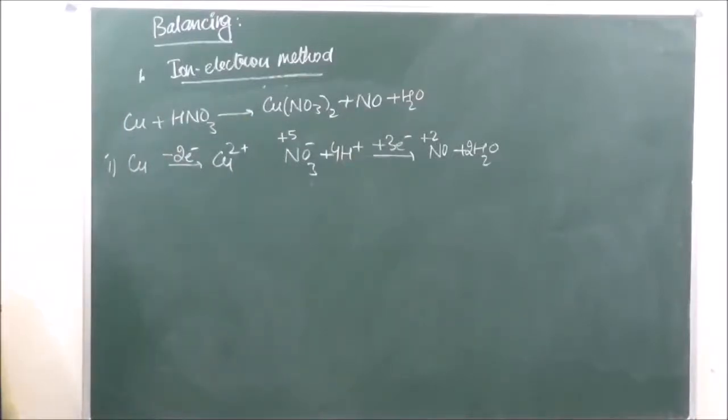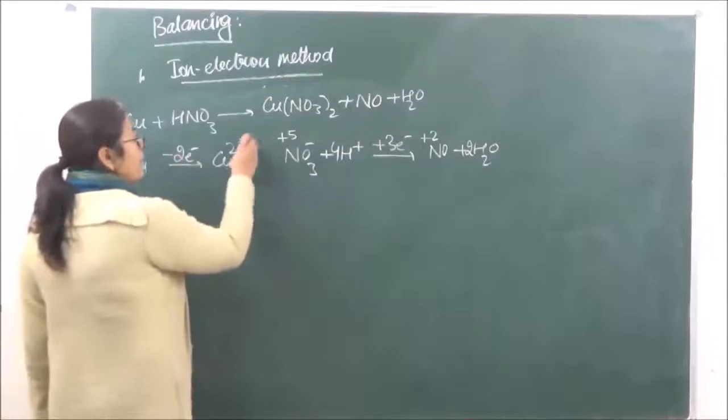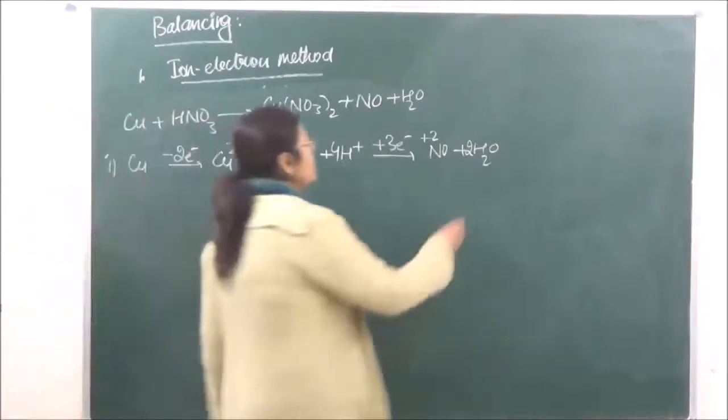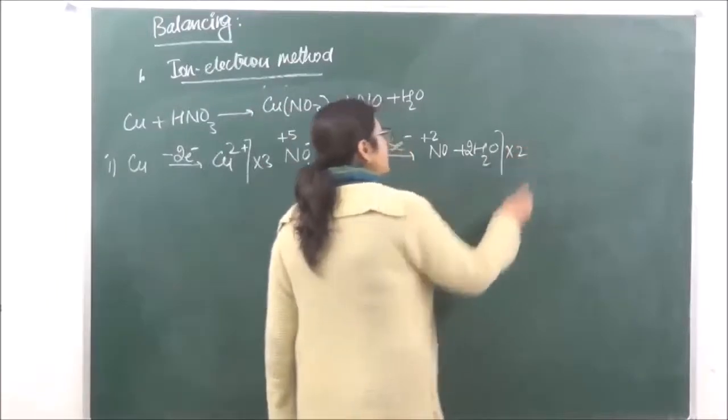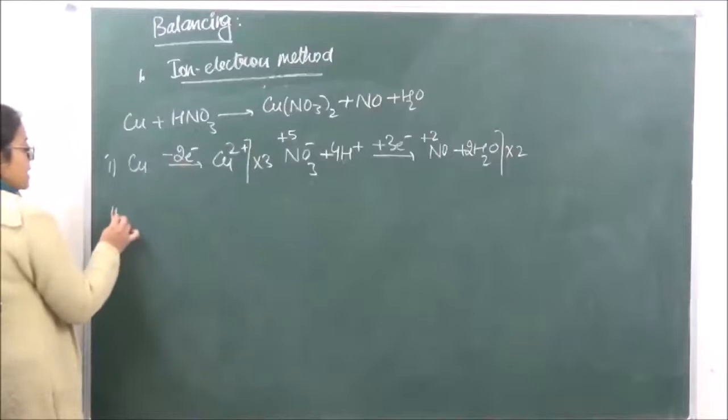Is it clear? अब यहाँ पे जब हम लोग electrons हमारे पास आ गए, what we need to do is we need to cross multiply the equation so as to get the same number of electrons. यहाँ पे 2 है, वहाँ पे 3 है, तो we multiply this equation by 3 and we multiply this equation by 2.